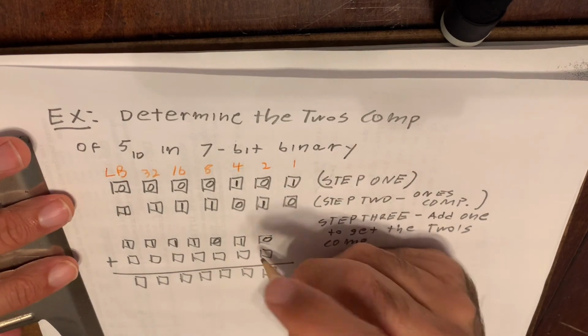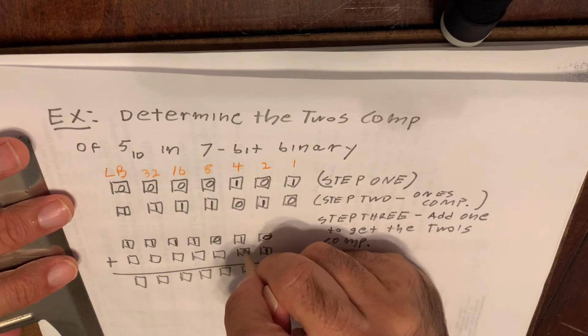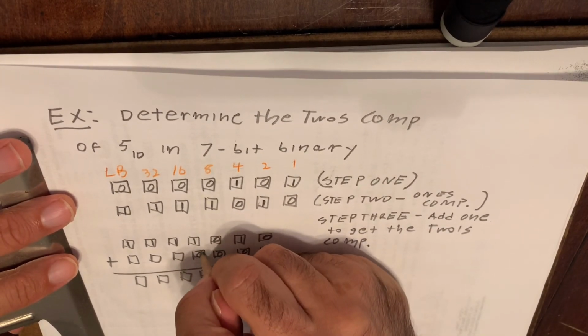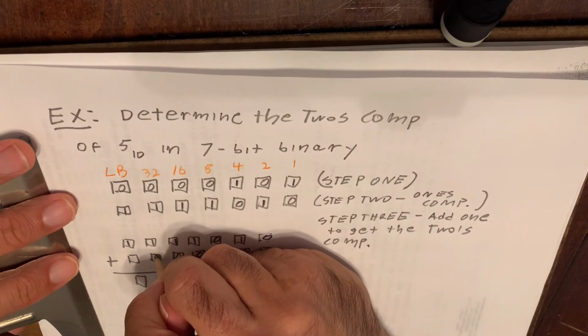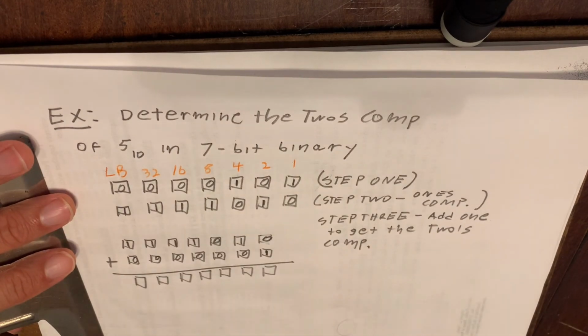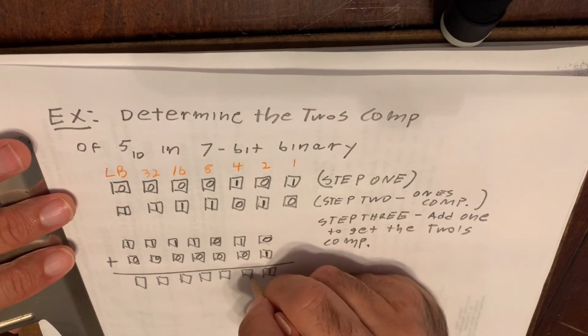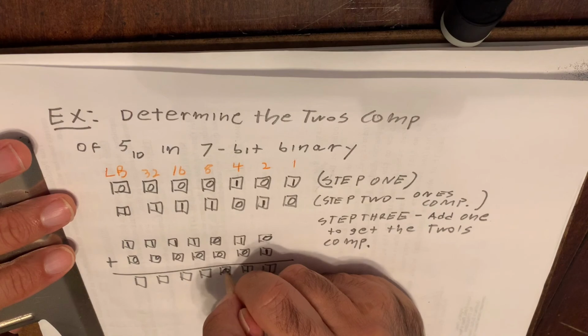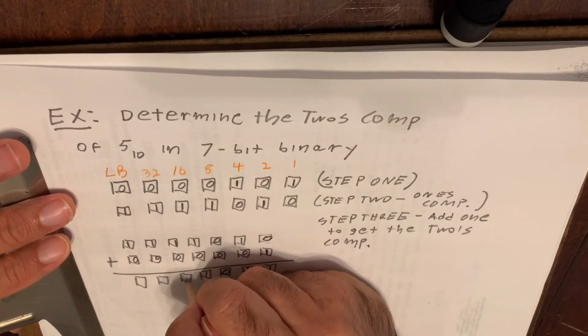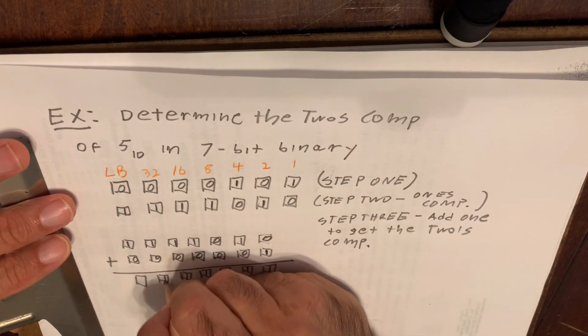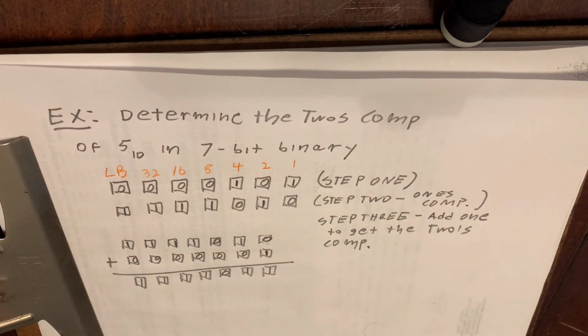And so then we add 1 to this. And I always like to put the zeros in, even though you know that they are 0. I still like to put it in. And so we get 1, 1, 0, 1, 1, 1, 1. So that is the 2's complement of 5 base 10 in 7-bit binary.